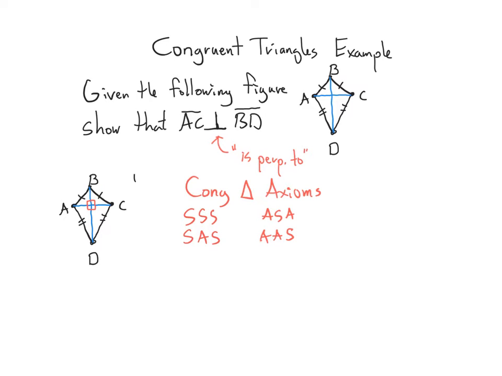Maybe I'll put some tick markings in here just to make it look a little better. So via side, side, side, the triangles ABD and CBD are indeed congruent, which is great.